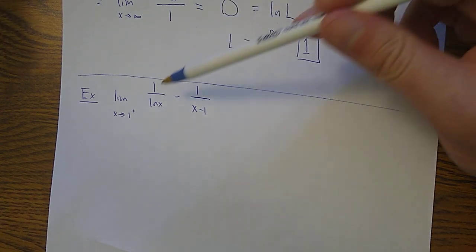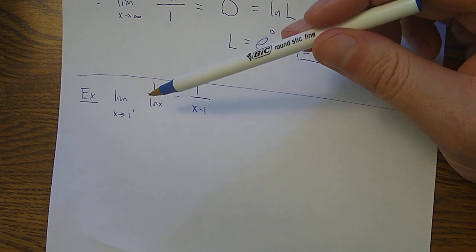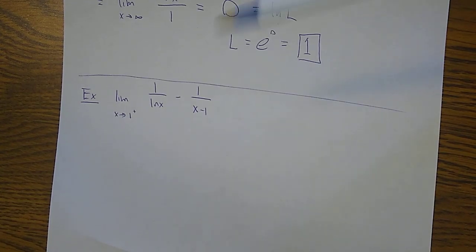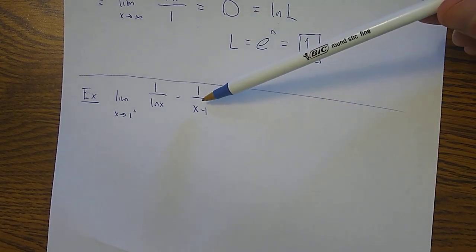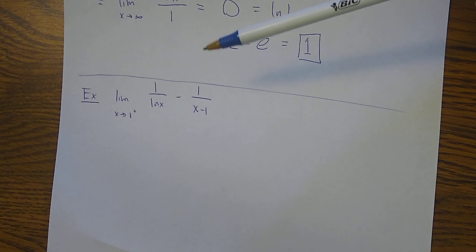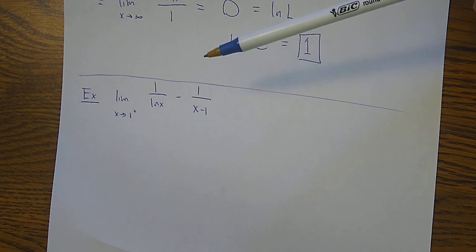Anyway, that's like that. Here's an example of that. As x goes to 1 from the right, remember that natural log of 1 is 0. So this is like 1 over 0, which is like infinity, right? This is also like 1 over 0, which is like infinity.